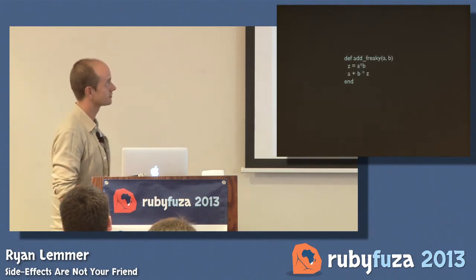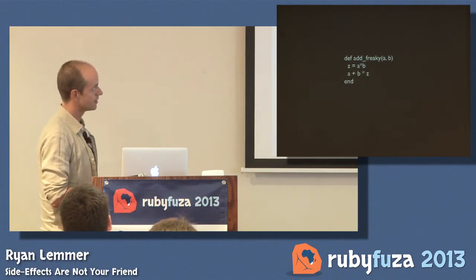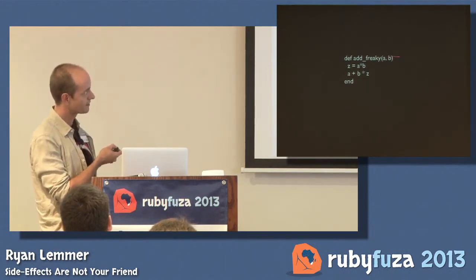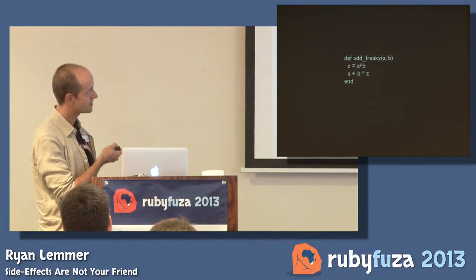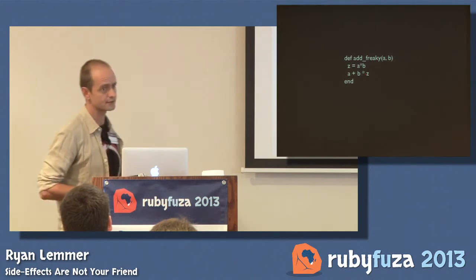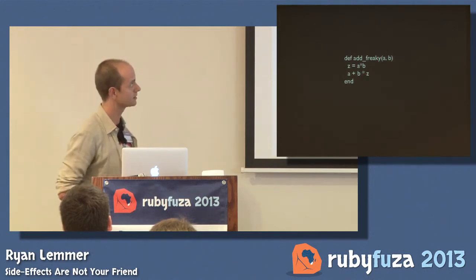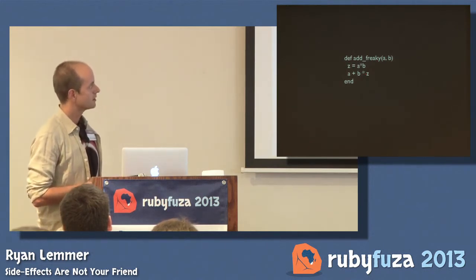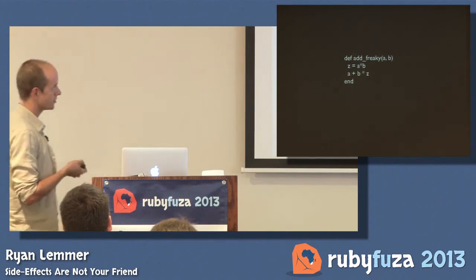How about this function? I'm still taking in A and B, but I'm assigning something calculated based on those values to something else, and then I'm using that in a subsequent calculation. So I could say that this is still a pure function.